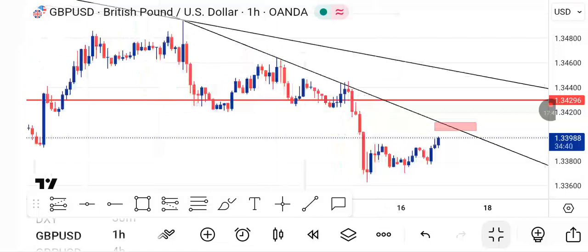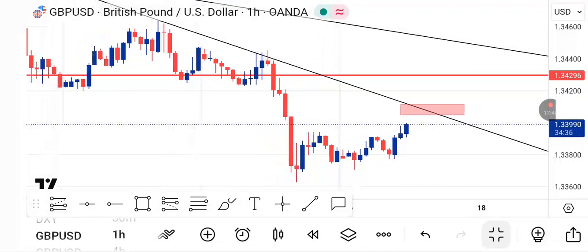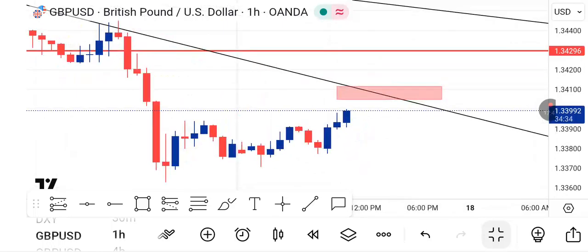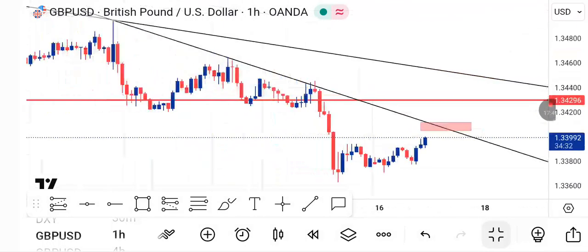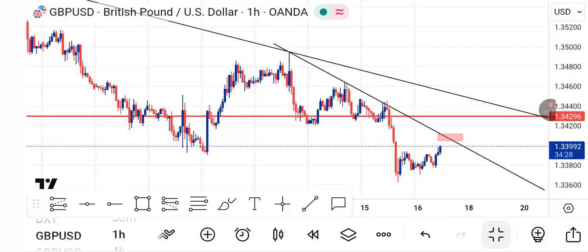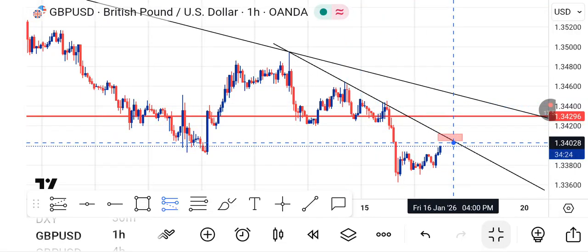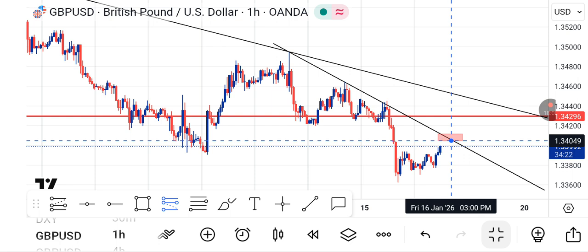So this is what I'm looking for. This is where I'm waiting for a sell of pounds USD around this area here.